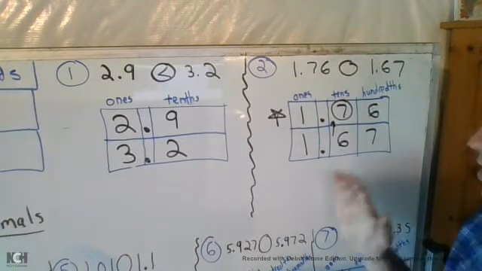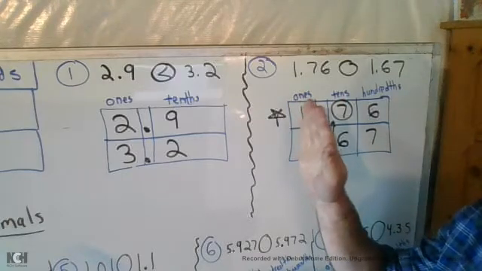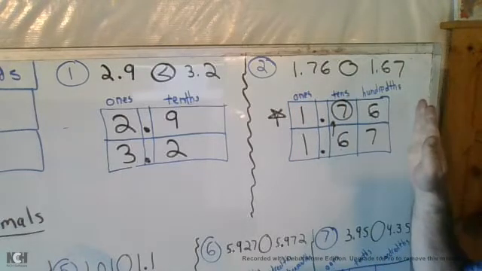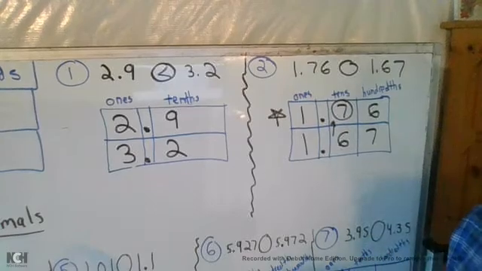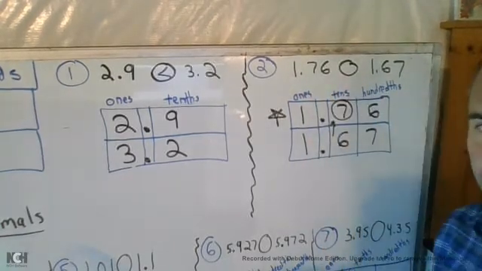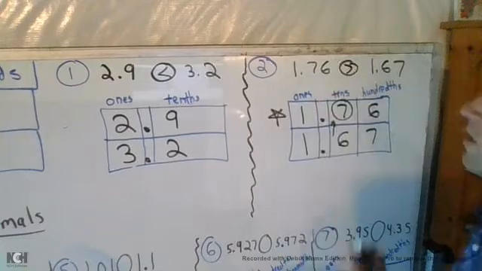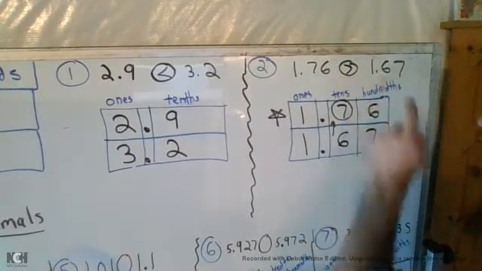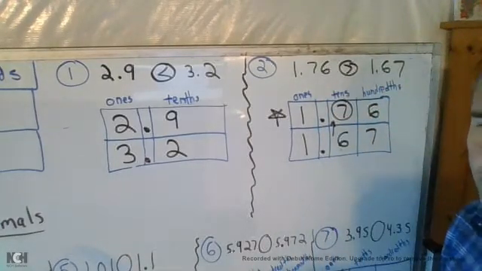You always start working your way over from the left side all the way down to the right side. Okay, just like you read, left to right, which would mean 1 and 76/100 is greater than 1 and 67/100.